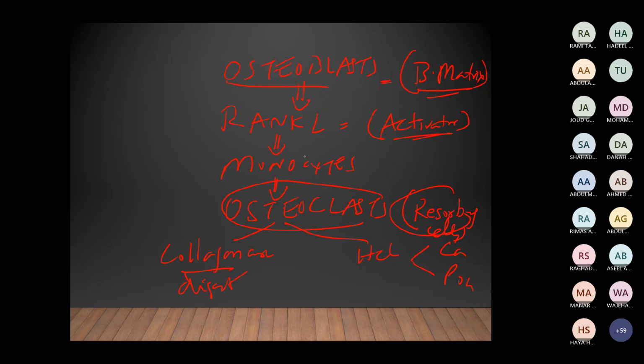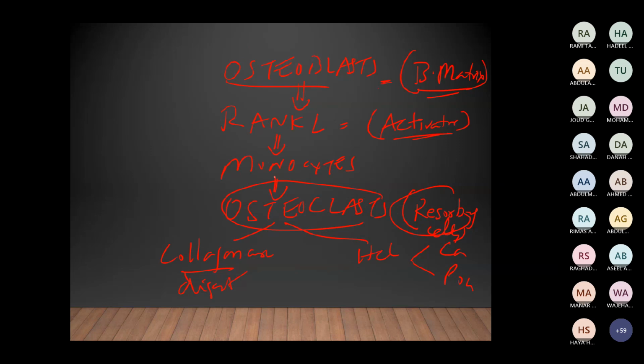They are actually formed from RANKL, which is the ligand activator, which will form this. So these are all the things which are present in your textbooks. What I want to tell you is that RANKL will activate the monocytes. So this is actually destruction of the tissue for replacement of normal bone matrix.